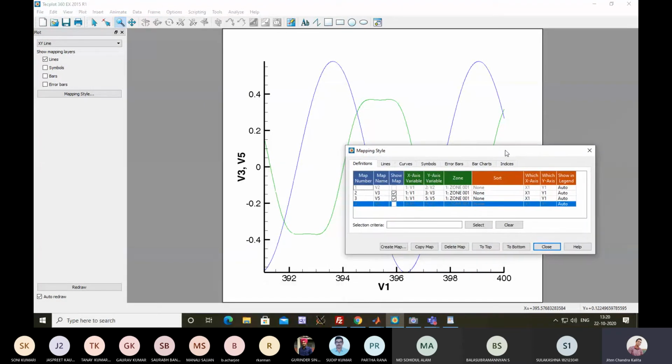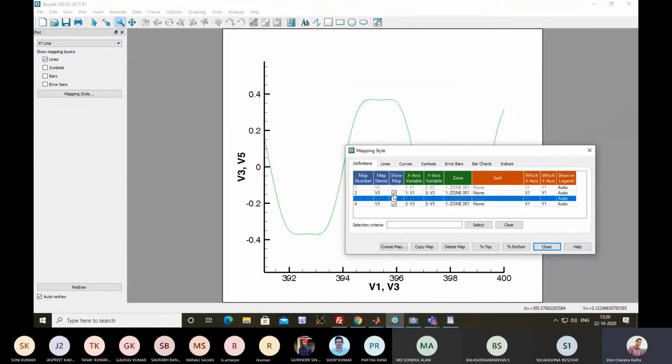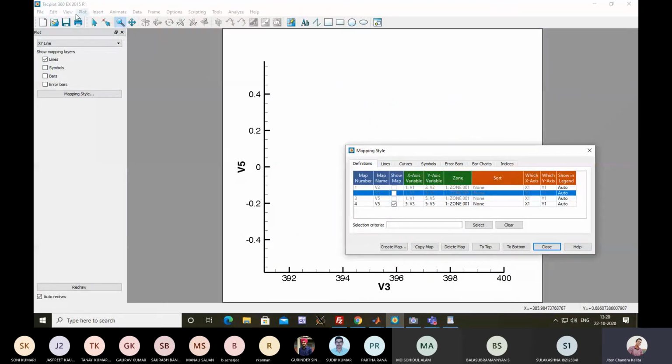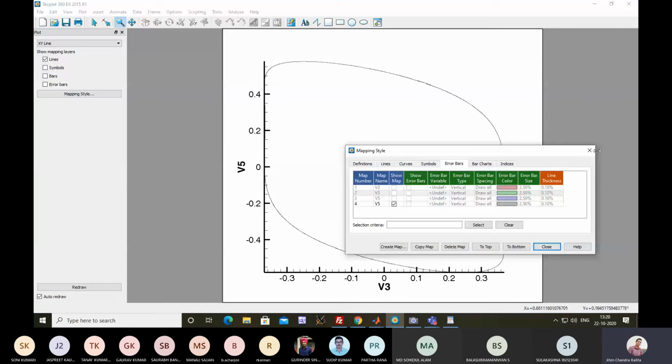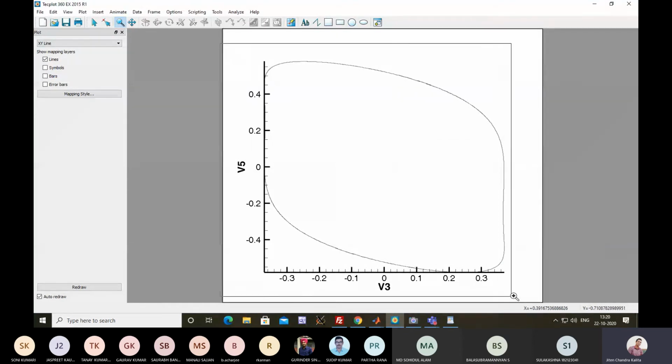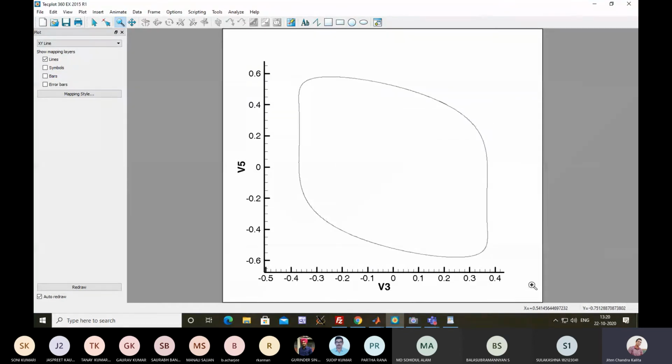Is it okay? Fine. So now if I change it to V3 and V5, then you can see that it has become a closed curve. Is it okay now? Is it clear how we are getting the trajectory?